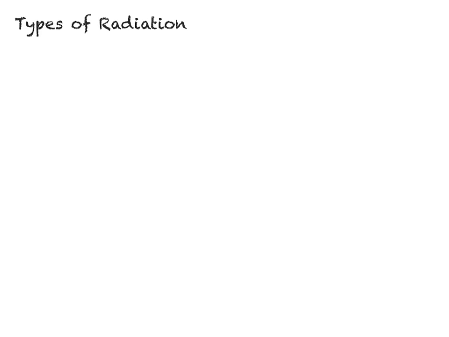The final type of radiation that you need to know is gamma radiation. Unlike both beta and alpha radiation, which are both particle radiations, gamma radiation is in the form of a ray.